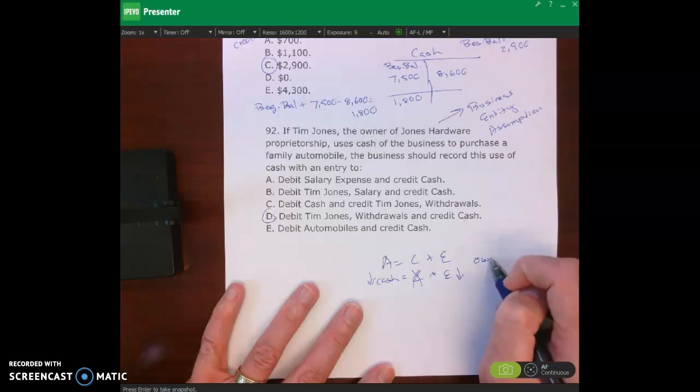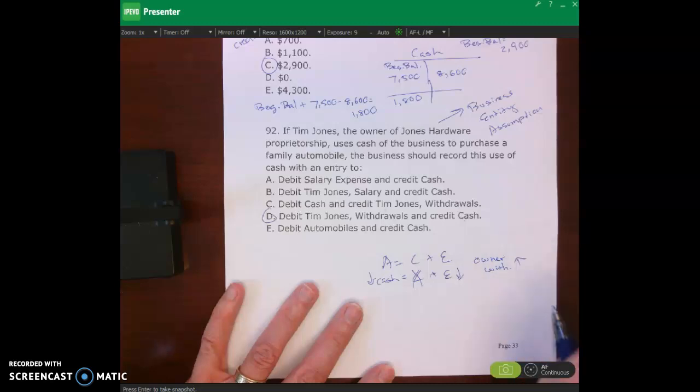Because owner withdrawals is increasing. As owner withdrawals increases, equity goes down. And so how do I recognize an owner withdrawal? We talked about that before. We recognize owner withdrawals with debits. Why? Because as owner's withdrawal goes up, equity goes down. The way to recognize that equity is going down is with a debit.